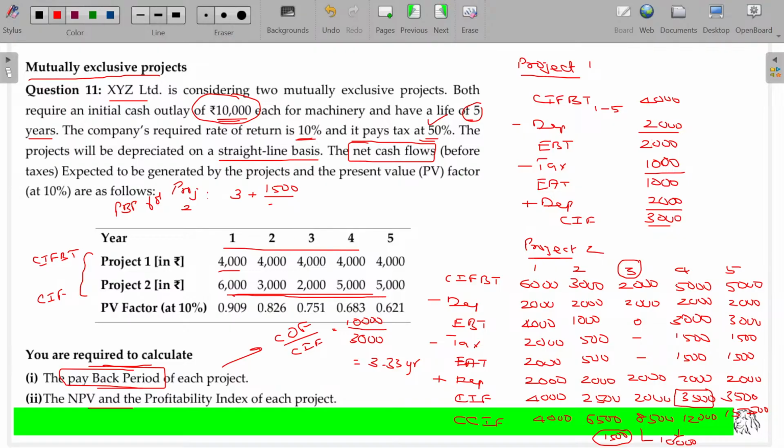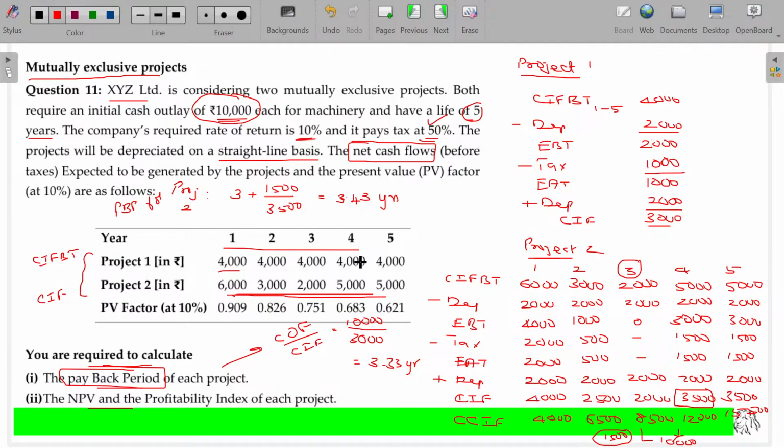For the whole year I get 3,500, but my requirement is only 1,500. Out of 3,500 to earn 1,500, how many months are we in need? You can multiply with the 12 or simply write in decimal. If I write that in decimal, I will be getting 3.43 years.